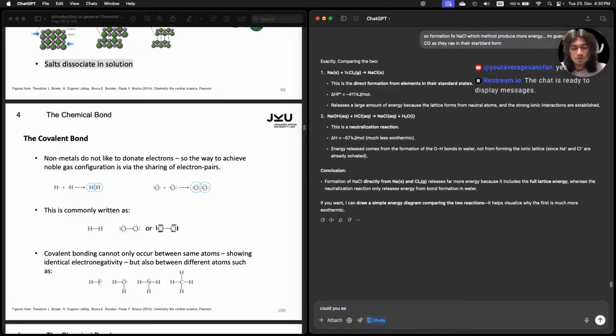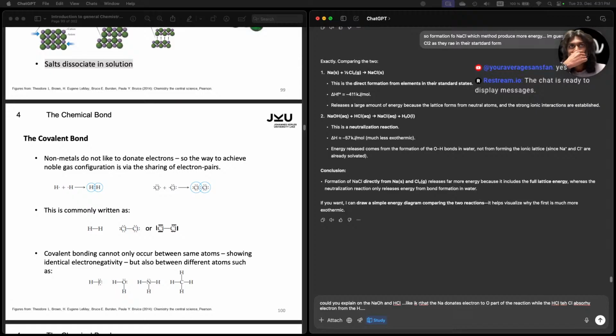Could you explain the NaOH and HCl? I know that the Na donates an electron to the O part of the reaction, while the Cl.